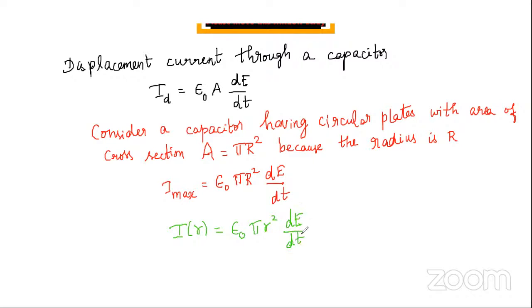This is the general equation. At a distance r from the center, your displacement current is given by this equation. So when you divide I of r by I max, what you will get is small r squared by capital R squared. When you divide this equation by this equation, you will be getting that.